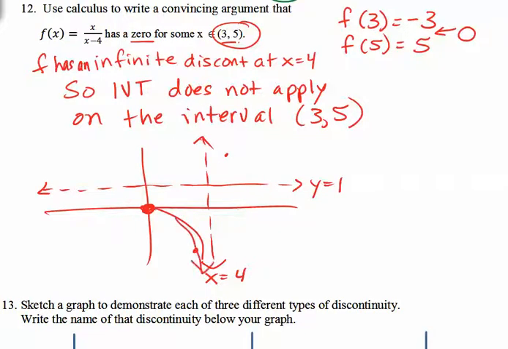So we know the only intercept, the only 0 of this function, is at (0, 0). So using what we know with pre-calc, we could also come up with an argument that way, that there are no zeros between 3 and 5.